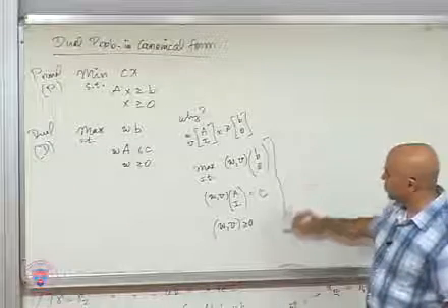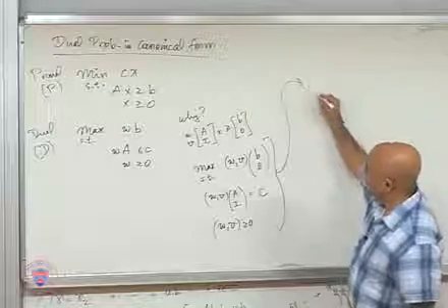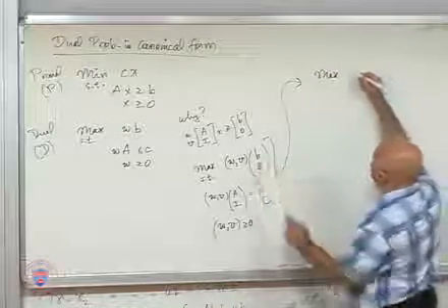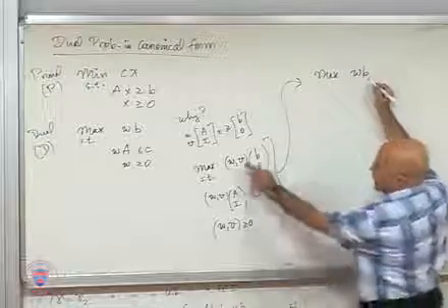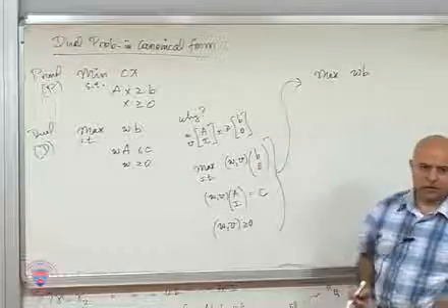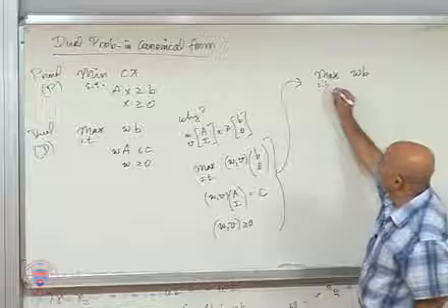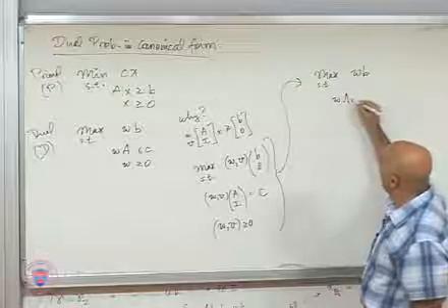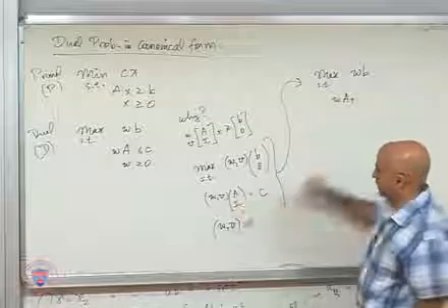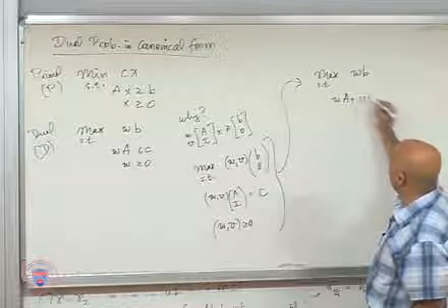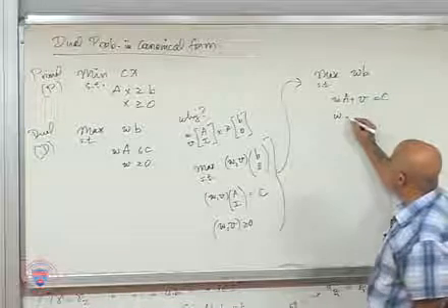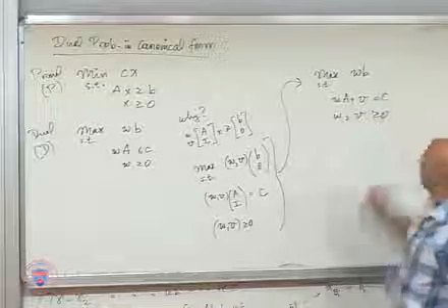And this, of course, gives you the maximization of wb plus v times 0, which is 0, subject to wA plus identity times v, so that's going to be v, equals c, with w and v being non-negative.